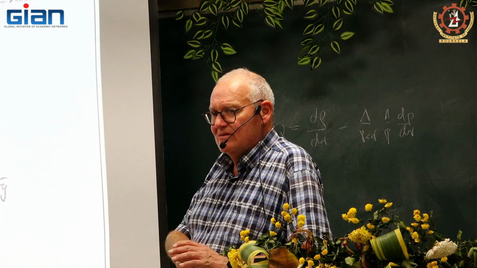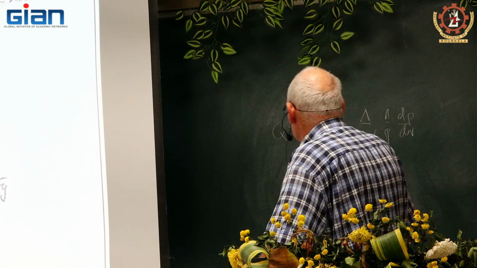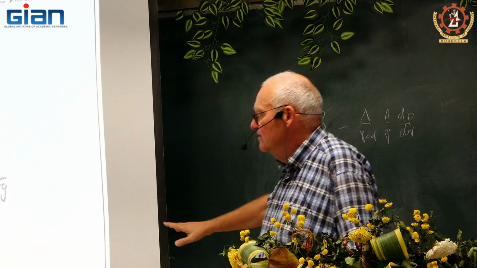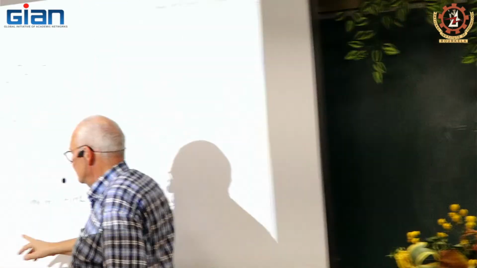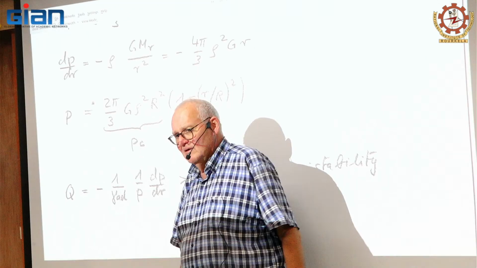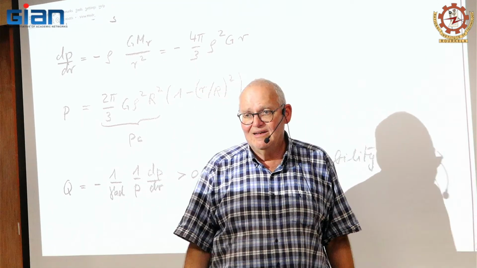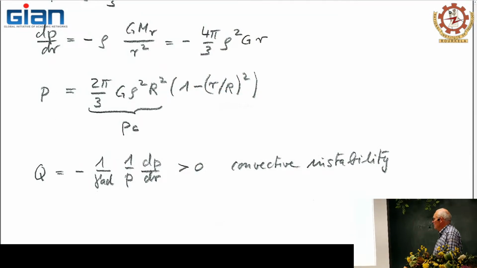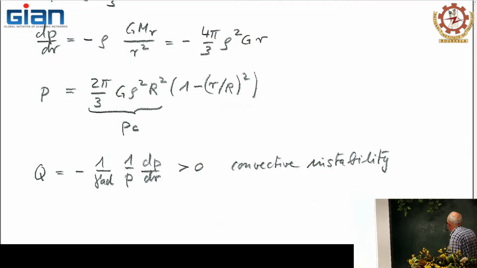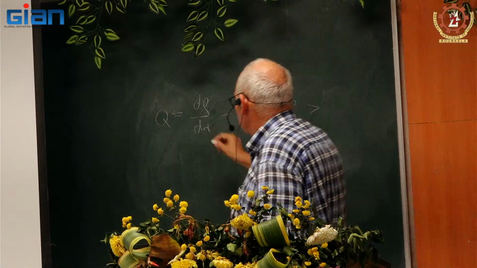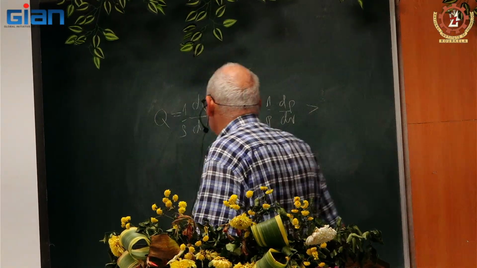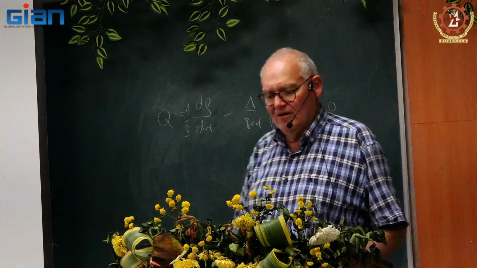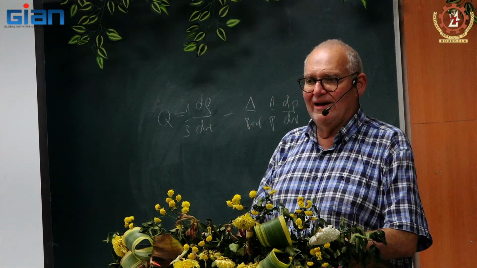stability or instability. Well, dρ/dr is 0 for this element, so the value of Q only depends on the pressure gradient. The pressure gradient is, of course, negative, so Q is positive, and once you go back to our criterion, then positive values of Q, which should be 1 over rho times dρ/dr, bigger than 0, means the stratification is convectively unstable.